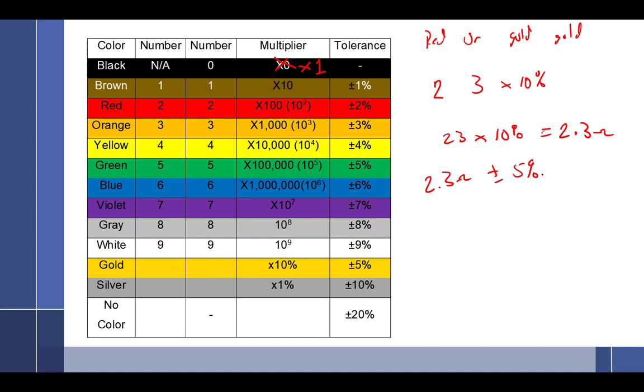So I could do 2.3 plus 5 second percent equals, so that is 2.415 ohms to 2.3 minus 5 second percent equals 2.185 ohms. Follow?